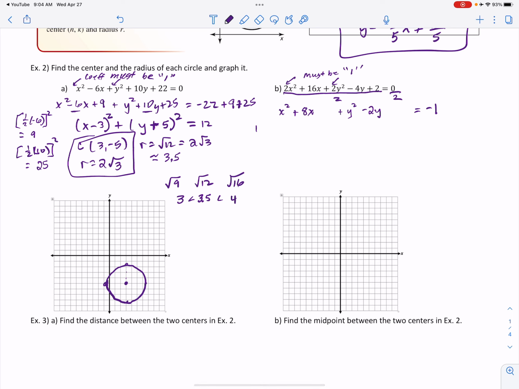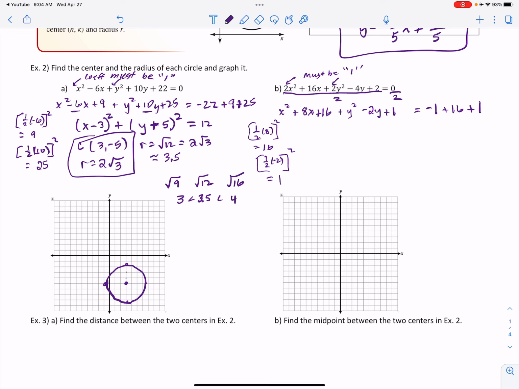Now, to complete the square, we take half of 8 and square that value, which is 16. So that will complete the square for the x squared. I must add it to both sides. For the y, we take 1/2 of the negative 2 and square that value, and negative 1 squared is 1, so we need a plus 1, and if I add it on the left, I need to add it on the right.